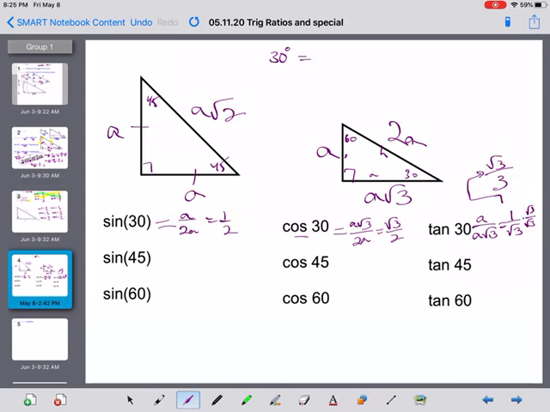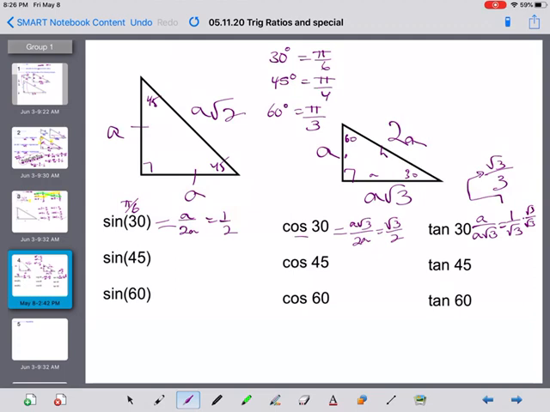So 30 degrees was 1/6 of a pi, or pi over 6. 45 degrees was pi over 4 radians. And 60 degrees was pi over 3 radians. So yes, I can ask you to find the sine of pi over 6. You could do that on the calculator with the radian button. These sometimes end up on SATs.